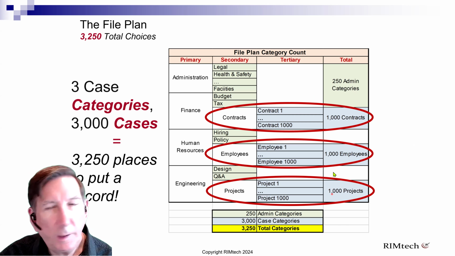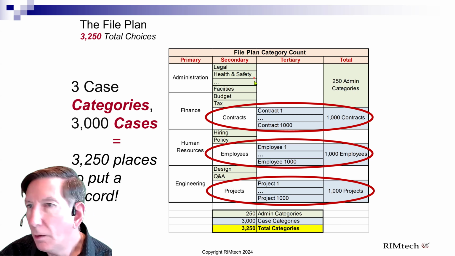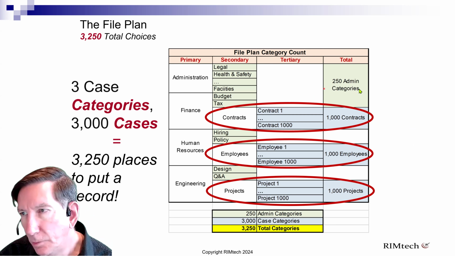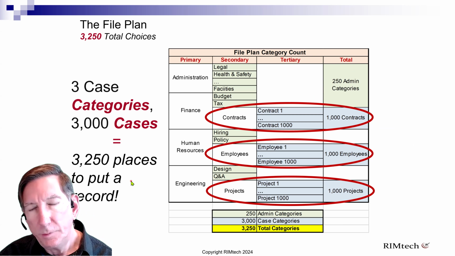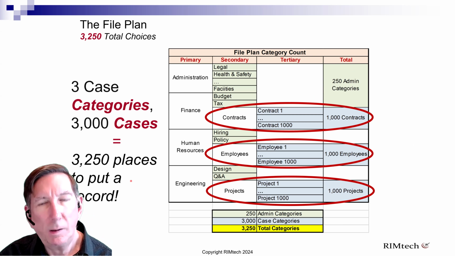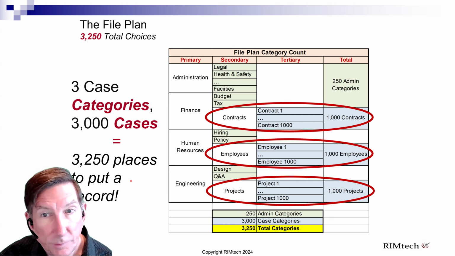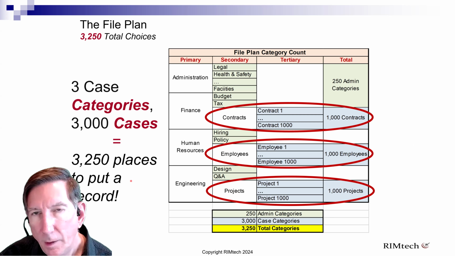What about the 4,800 that are not cases? Well, they're going to go in one of these 250 places in SharePoint. So for this example, we need 3,250 different targets or places in SharePoint for those records to go every day.